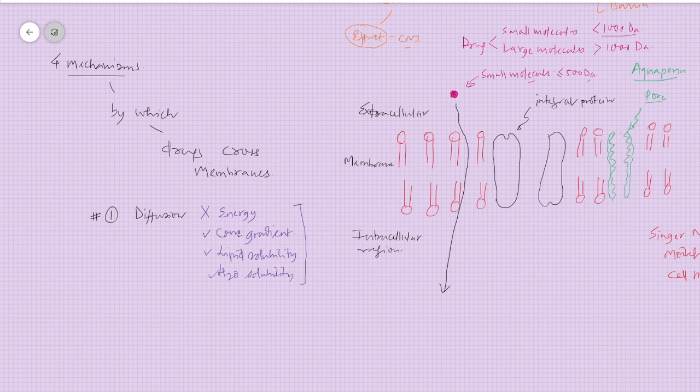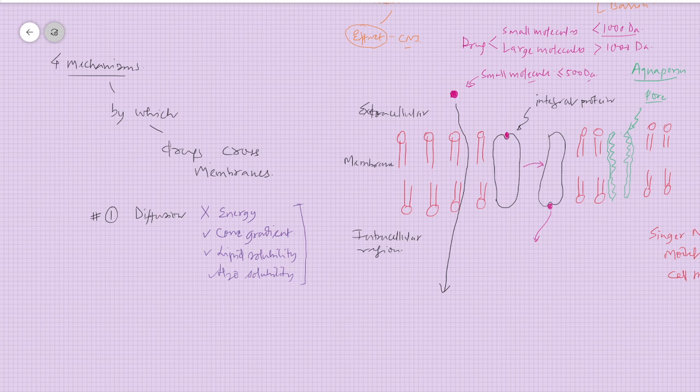The second mechanism is that it can use a carrier. A carrier is a protein like this. Once the drug combines with the carrier, it undergoes a change in its conformation, and you see that it kind of flips here and then delivers the drug into the intracellular environment.